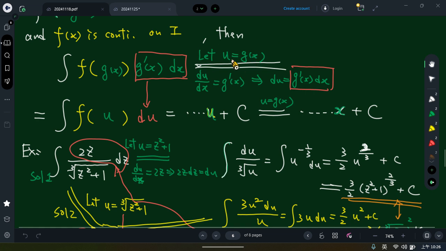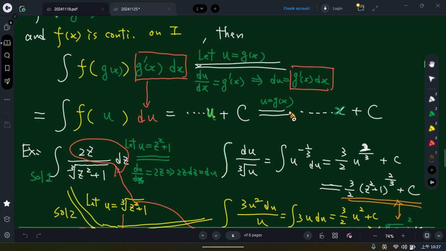Once you let u be g of x, please just remember, immediately calculate du over dx, so that through this you can know the relationship between du and dx, so that you can have all of them in u form, so that finally you can get, after the calculation of the integral, blah blah u plus c, because it's a indefinite integral. So supposedly you need to plus c.